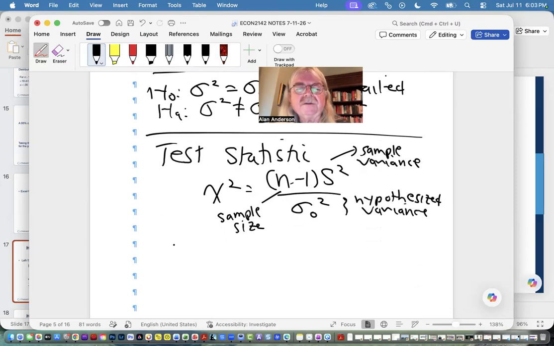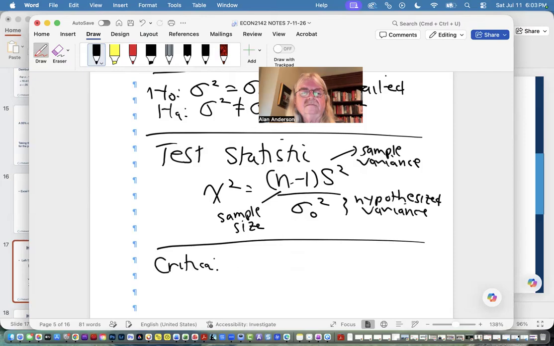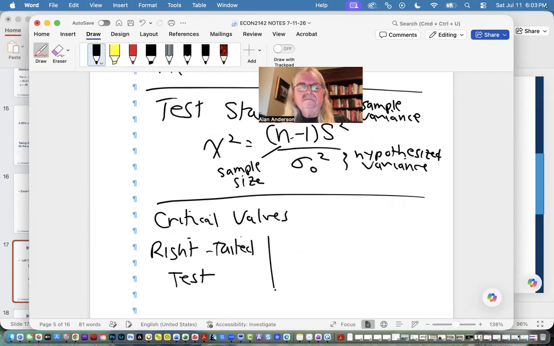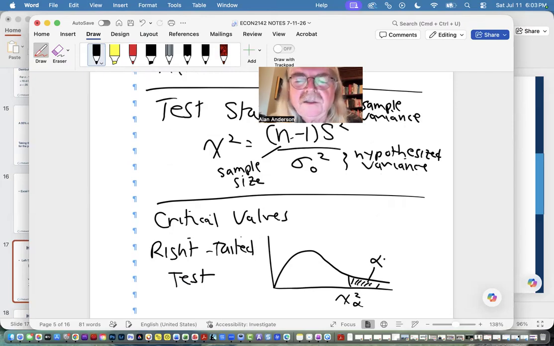So, of course, the critical values depend on whether we have a left, right, or two-tailed test. So for the right-tailed test, we have chi-square alpha.